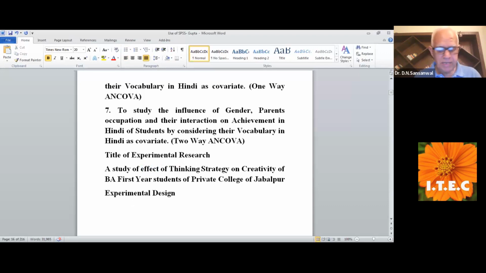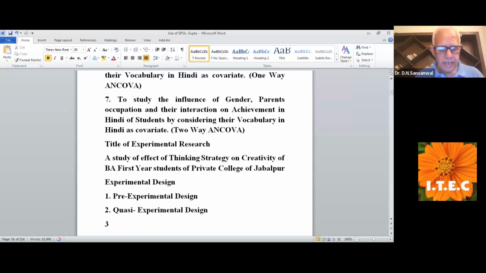Now, experimental designs are of three types. One is called pre-experimental design. Another is called quasi-experimental design. And another is called true experimental design.